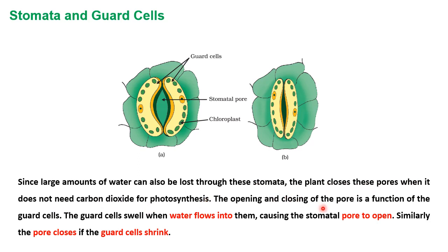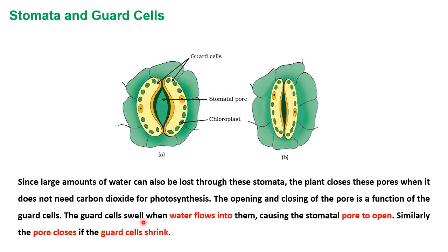The opening and closing of this pore is a function of guard cells. So these are the guard cells. Okay, they can open and close the pore or gate or hole through which carbon dioxide is taken in, oxygen is released, or water vapor is released, right?